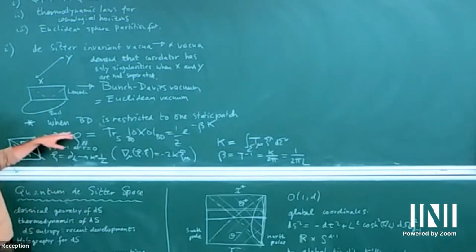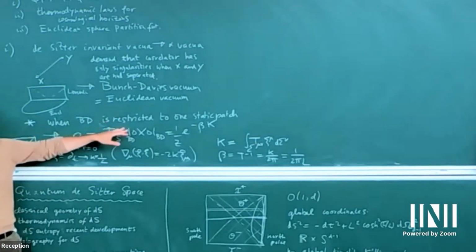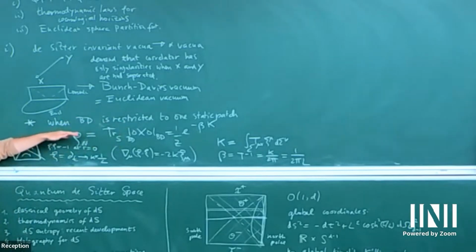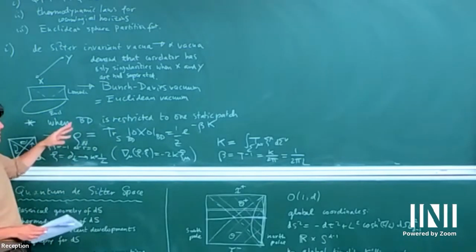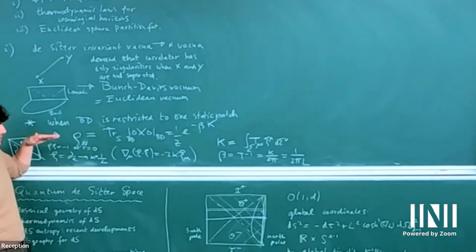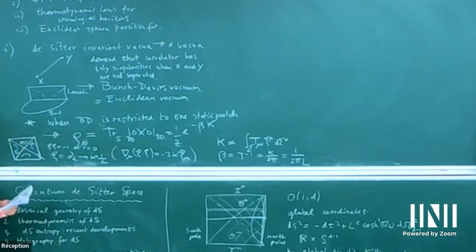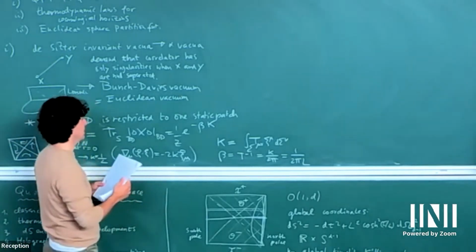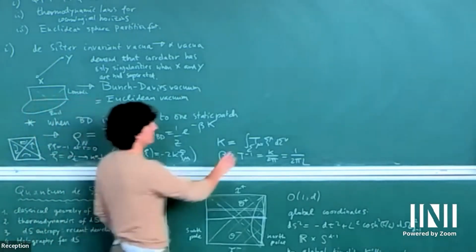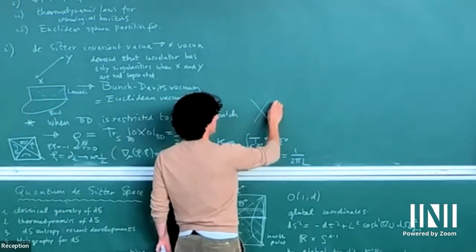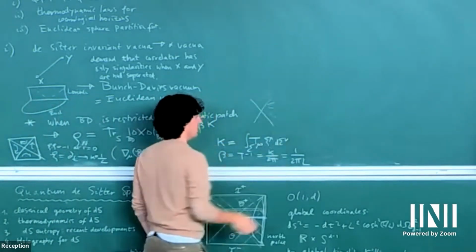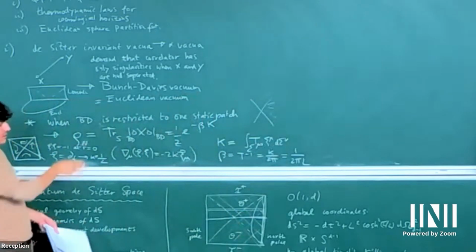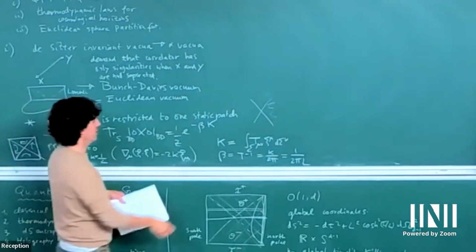And so this is the generalization of the Bisognano-Wichmann theorem in Minkowski space. In Minkowski space, if you have the Minkowski vacuum, which is invariant under the Poincaré symmetries, and you restrict to the Rindler wedge, then the state is thermal.